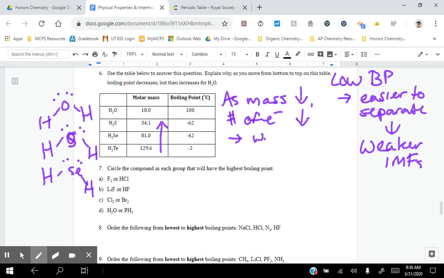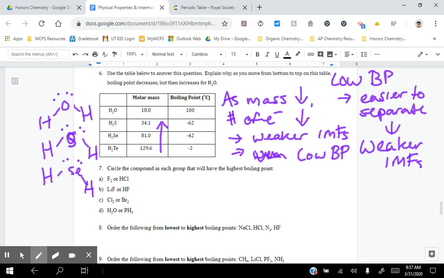Therefore, we'll see weaker IMFs and a lower boiling point. That's how we can explain our trend for those first three, but then think about why water might have a much higher boiling point than the rest.